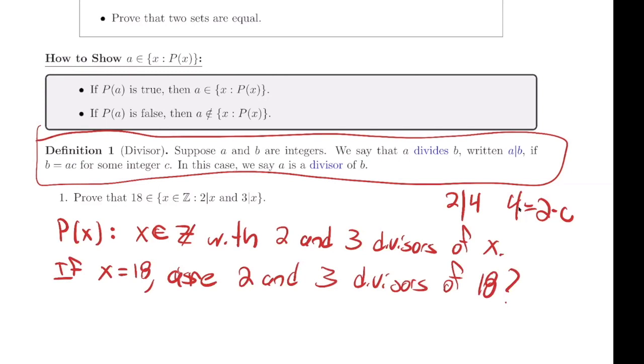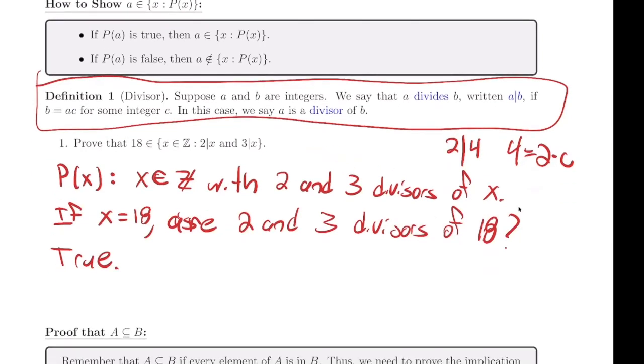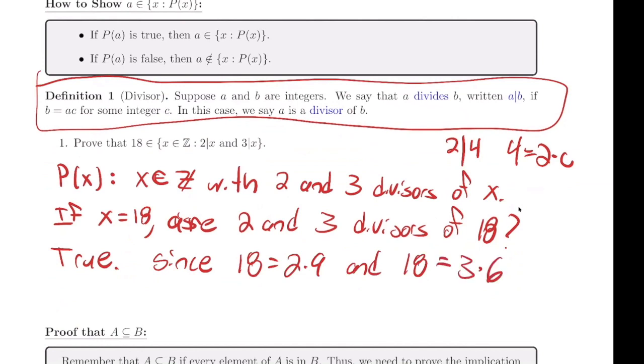So what we're thinking about here is if we set this number equal to 18, are 2 and 3 divisors of 18? Is that a true statement? And this is indeed true, since we can write 18 as 2 times an integer or 3 times an integer.